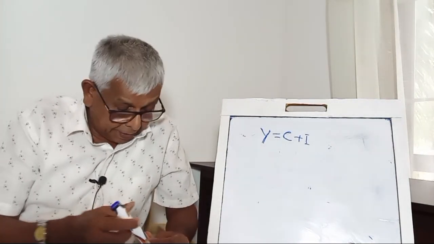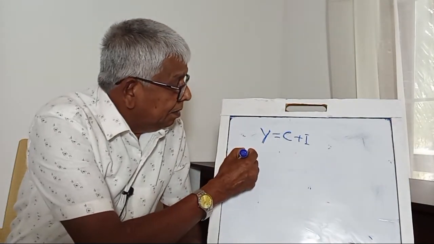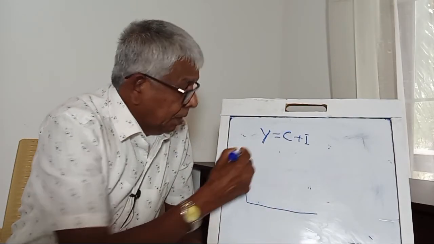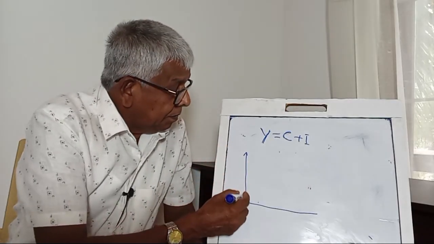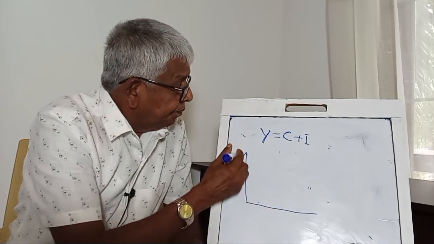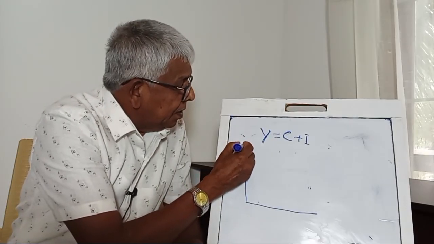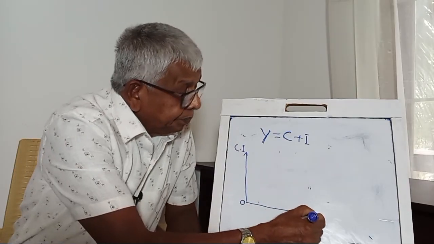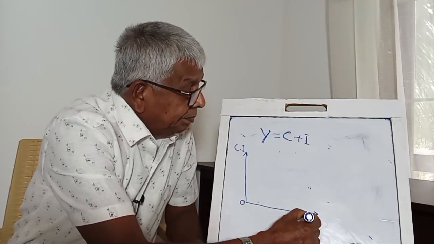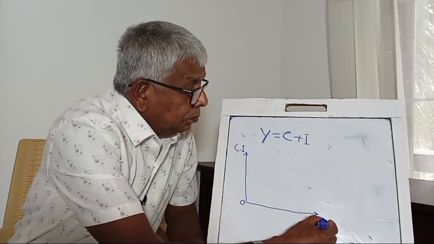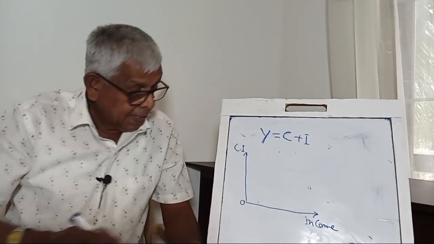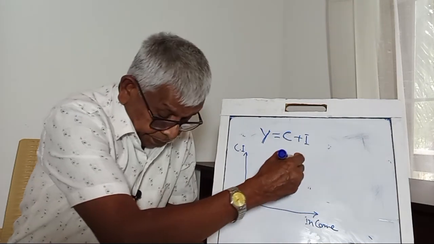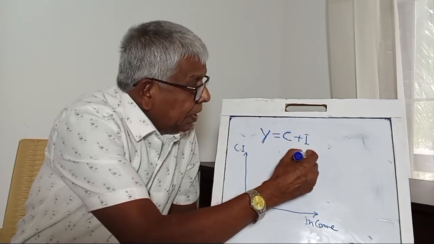In this diagram, the vertical axis shows C, O, I, and here is income, with the 45 degree line here.